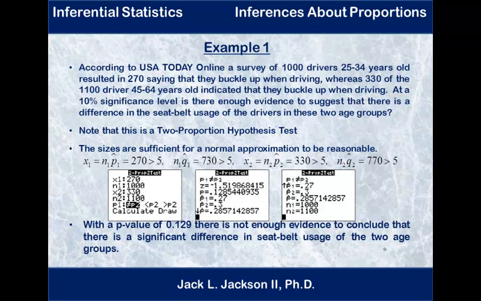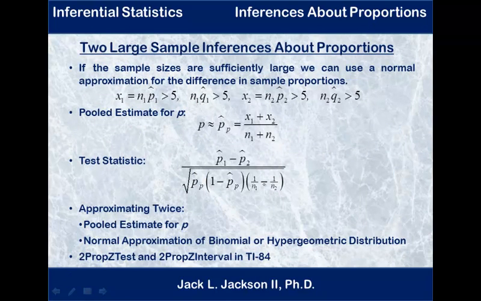Entering the information looks like this screen here on the left, and then the screen here in the middle. This is what it looks like when it comes out, and notice it gives us a z statistic. This is a standard normal. When we went back to this test statistic right here, p hat 1 minus p hat 2 over the square root of all this stuff, this is approximately standard normal.